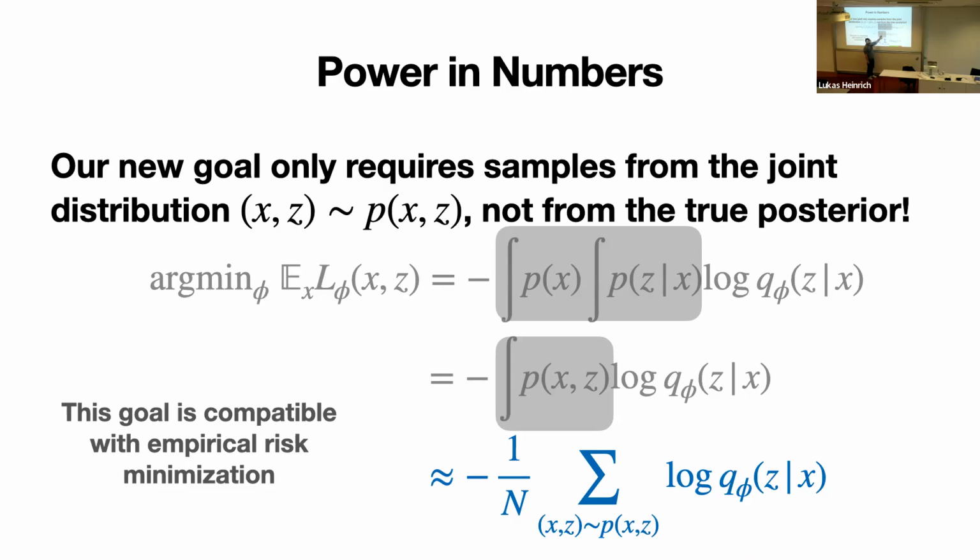We don't know it, but we know how to get around this because we have samples from the joint density, which is our training data: our data and the labels, like the pixel values and the animal type, and we can just calculate this thing. So this is nice. By making the problem more ambitious, it became easier. It doesn't happen very often, but in this case, it does.